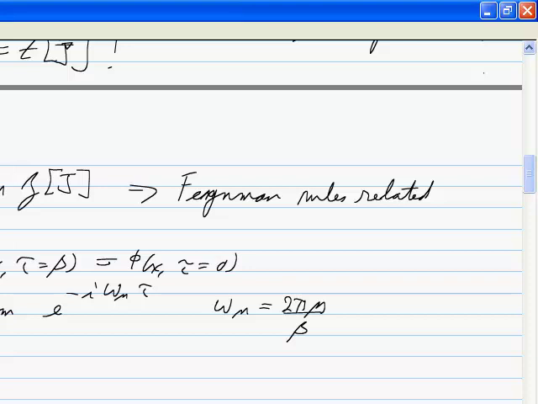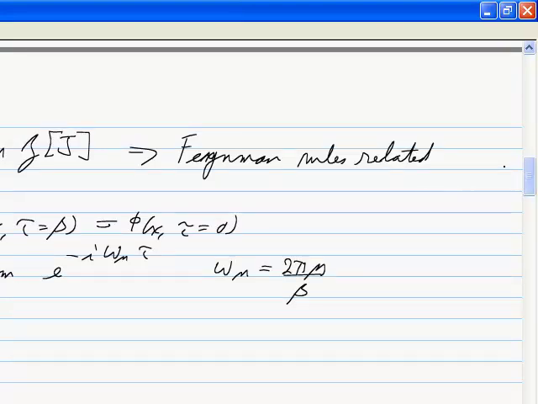Okay, so we're doing a Fourier sum with a discrete set of things. Okay, and we can develop the propagator. I'm probably going to take a little bit of a shortcut.